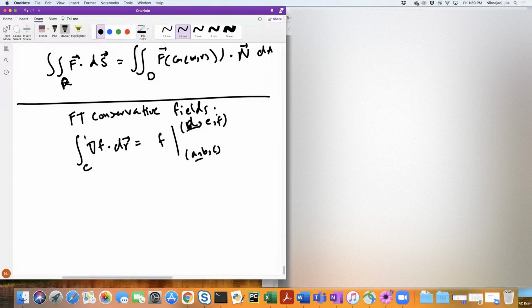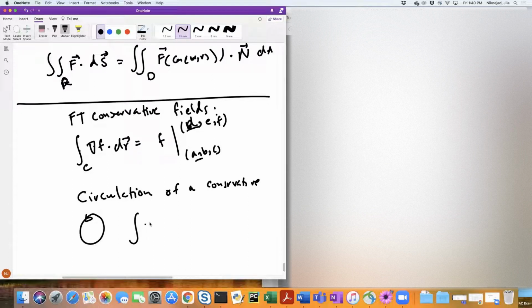So think about this. If you want to find the circulation of a conservative field over a closed curve, right? What you get is basically, if this is a contour integral, then you get f evaluated at a point.